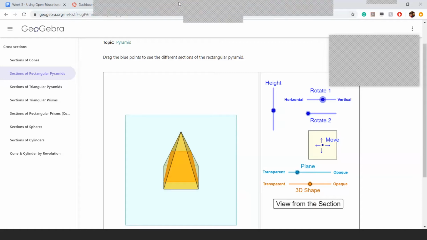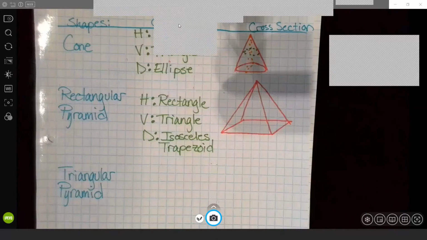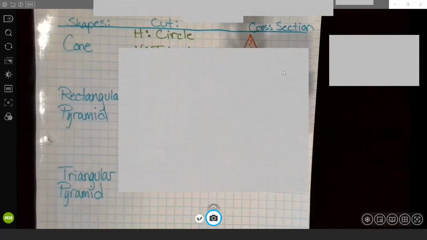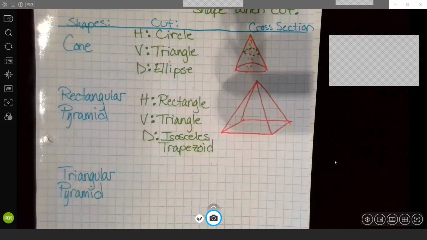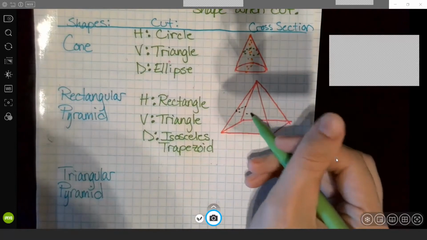So let me go back. Take a look here. I'm going to draw it again on my shape just so I can see it. The rectangle exists horizontally in this pyramid.